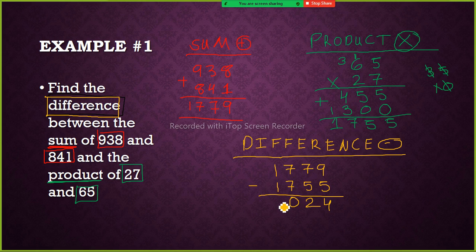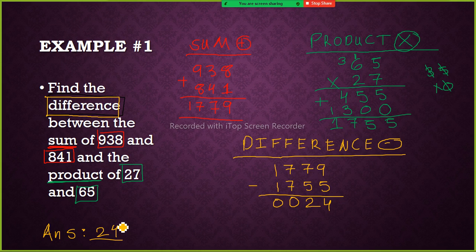And 1 minus 1 is 0. So the answer for this question is 24. Okay, so the difference between the sum of 938 and 841 and the product of 27 and 65 is 24.